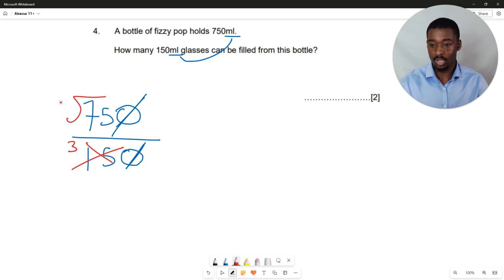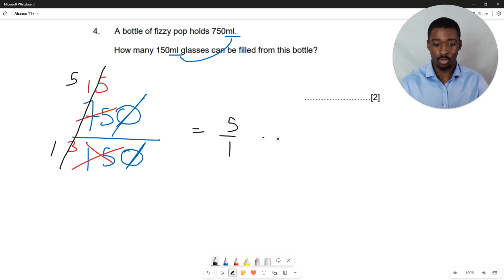How many times? Well, if you think about it, 1 carry the 2, 5. So it's going to be 15 times. And then if we switch to a different color, we have the common factor of 3. 3 goes into 3 once and into 15 5 times. So we have 5 over 1 or 5. So the answer is 5 glasses.